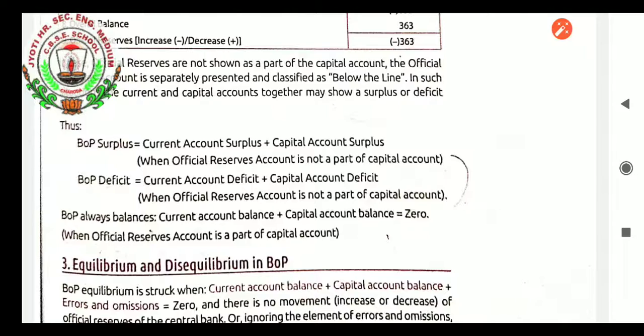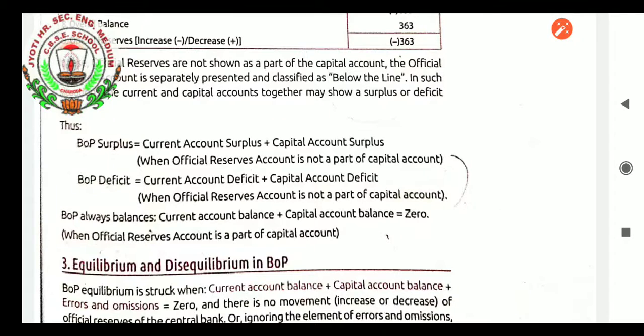A balance of payment deficit arises when current account deficit plus capital account deficit, when the official reserve account is not a part of the capital account. When the official reserve account is a part of the capital account, the BOP always balances, as current account balance plus capital account balance equals 0.